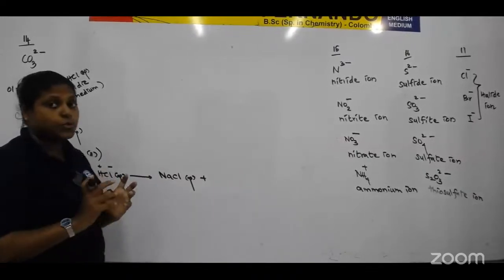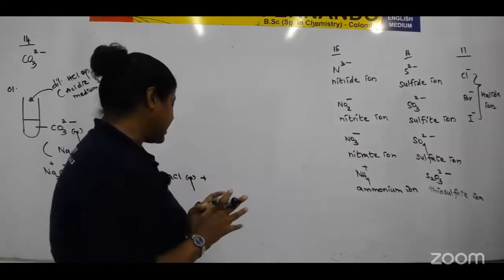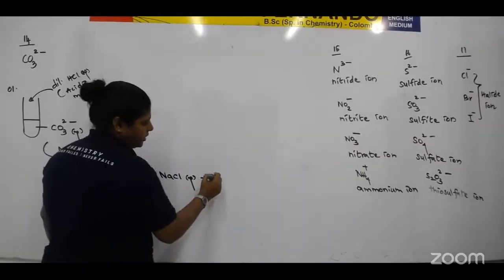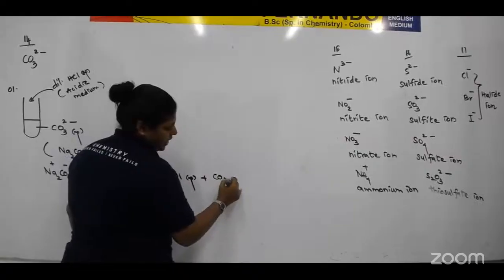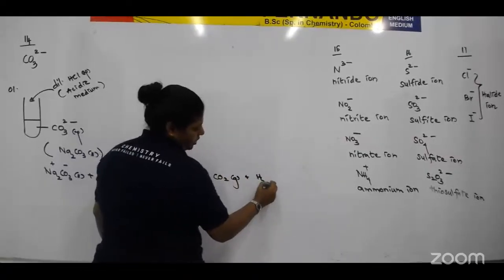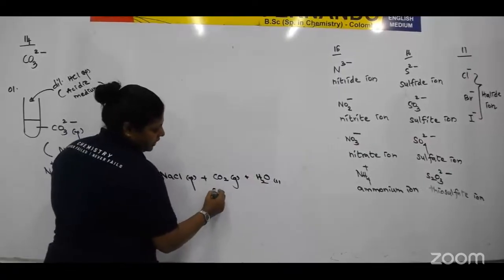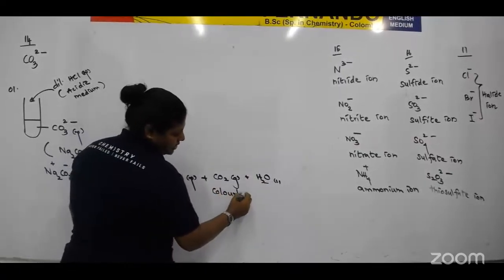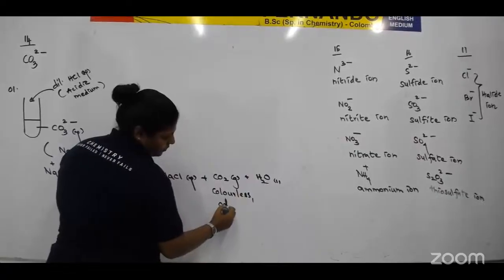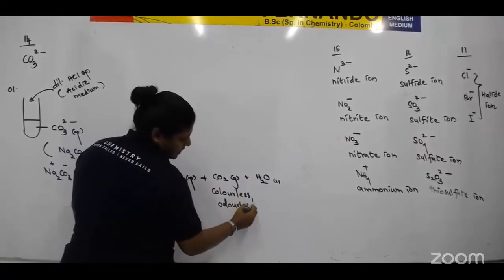H2CO3 is a weak acid that dissociates into carbon dioxide gas and water. So here, as a first observation, we can see that a colorless, odorless gas is evolved.